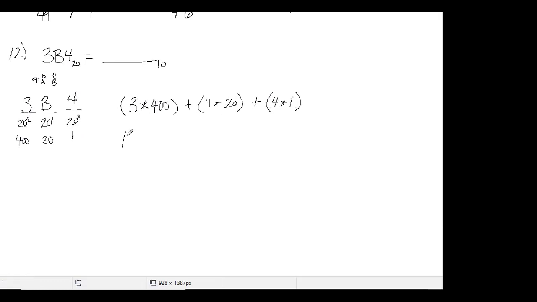So 3 times 4 is 12 with 2 zeros. 20 times 11 is 220. And 4 times 1 is 4. So then we add these up. I'll put them over here just so we can add them all up together. And we have 1,424 in base 10.